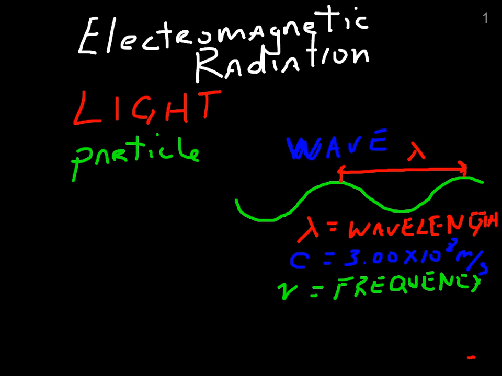It's as if I were watching this wave go past me and I, as an observer, looked at just one part of that wave, say the top of the wave. As the wave propagates across, I notice this peak pass me at time intervals, and that's what frequency is.